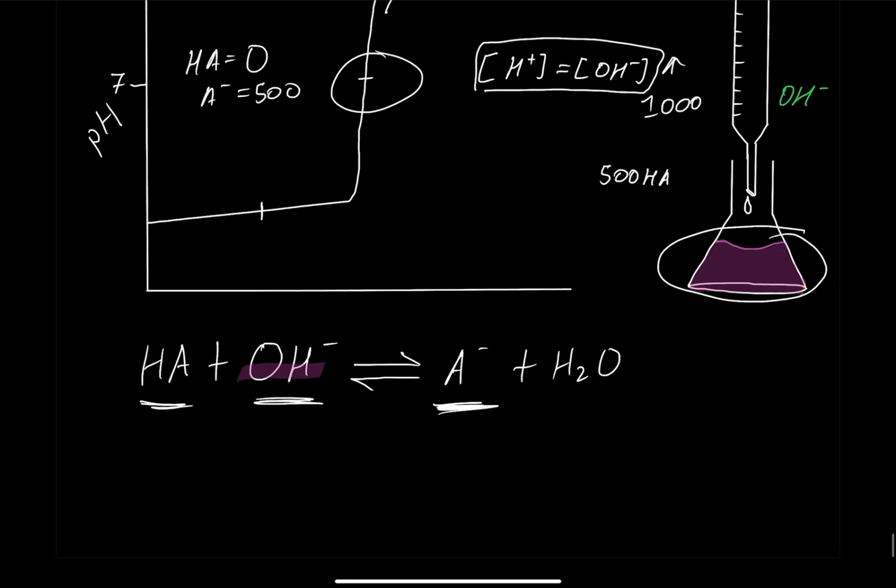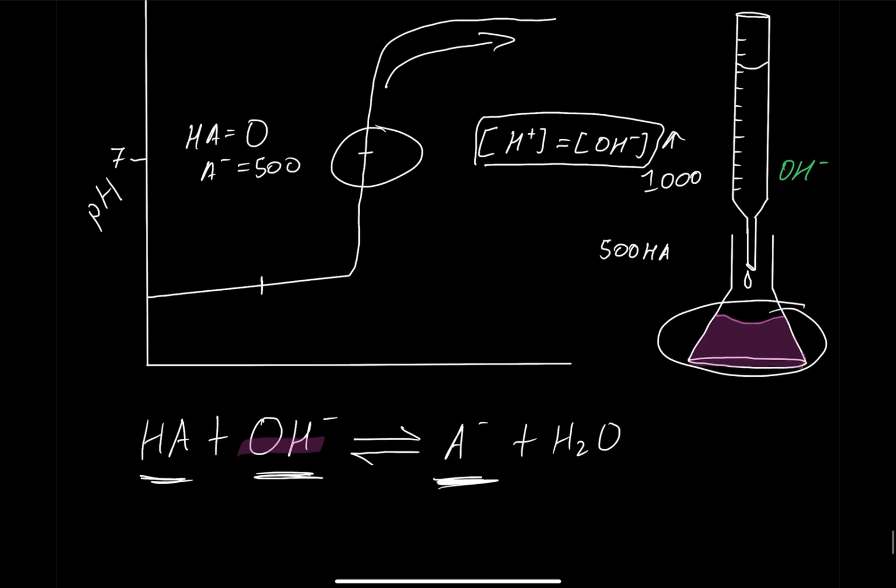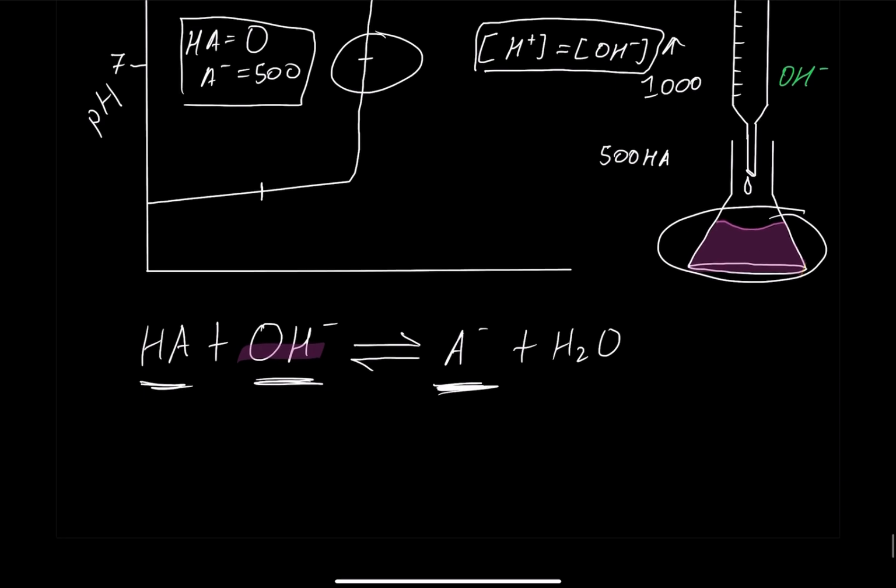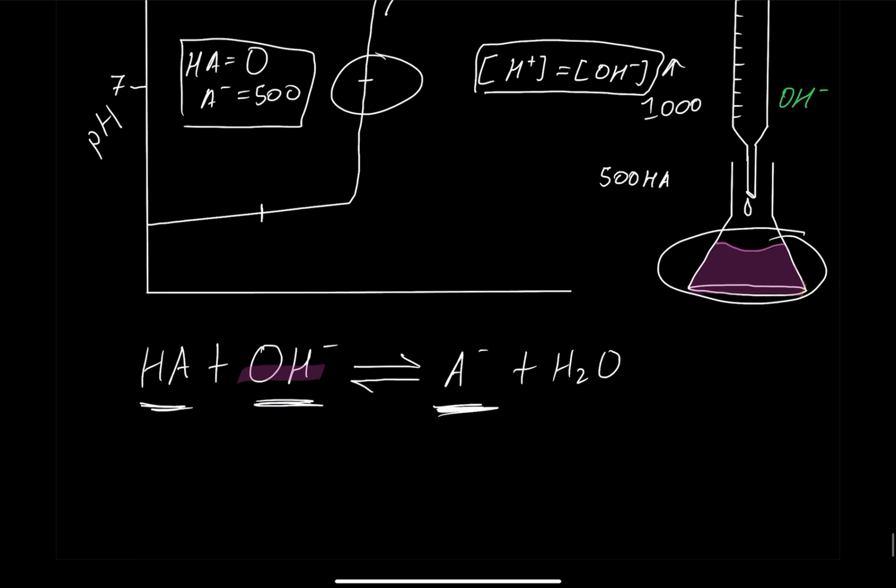So we know that at half neutralization point, we've made it very clear what happens here. This is at full neutralization, by the way, right? At half neutralization, that means that if only half of it has been neutralized, HA is equal to 250 in this case, and A minus is equal to 250, right?